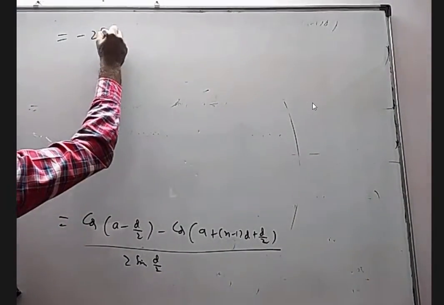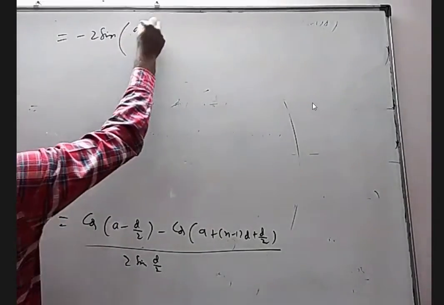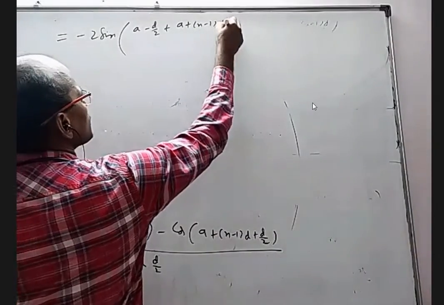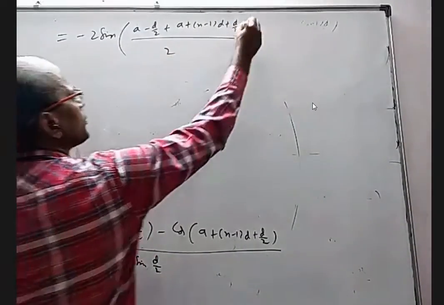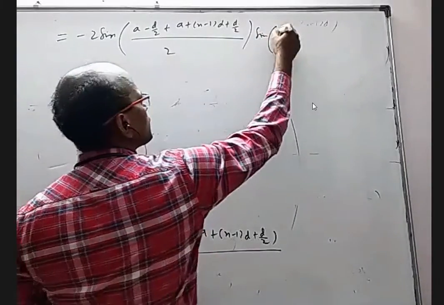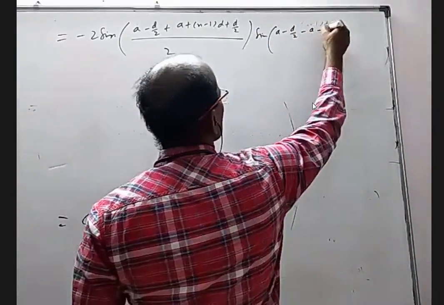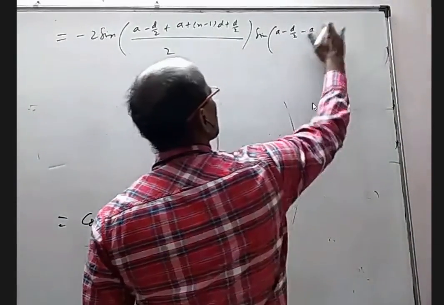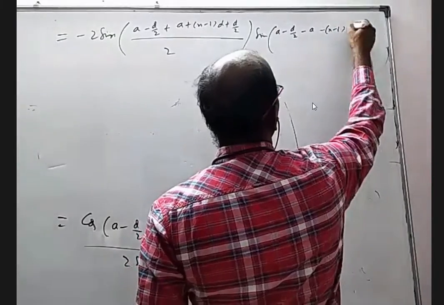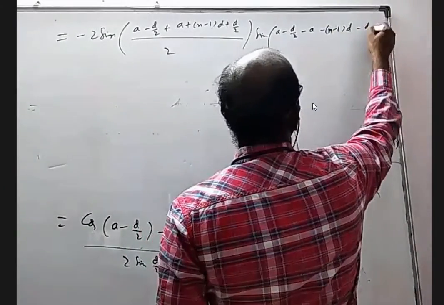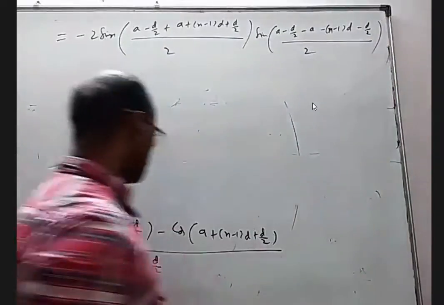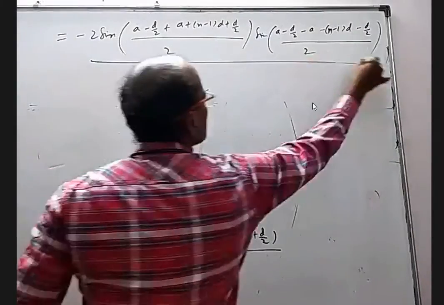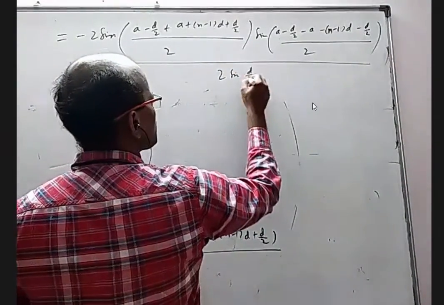So minus 2 sin of (A - D/2 + A + (n-1)D + D/2) by 2, sin of (A - D/2 - A - (n-1)D - D/2) by 2. Cos C minus cos D is minus 2. Oh, minus is also there. Okay. By 2 sin D by 2.